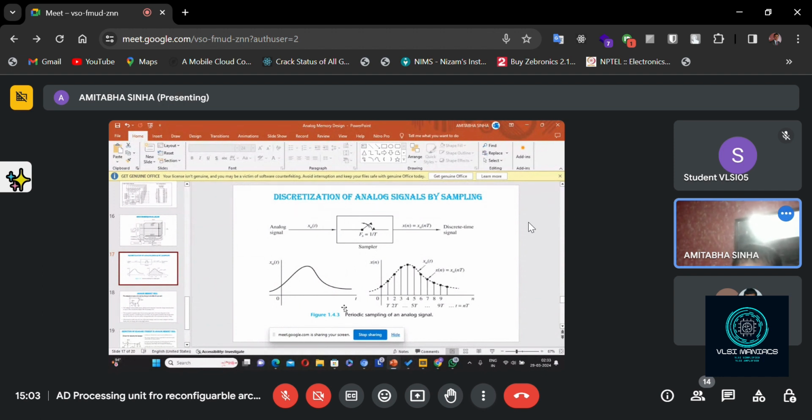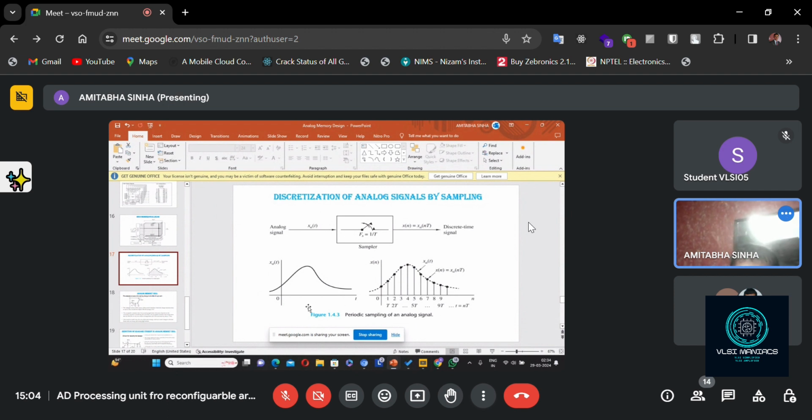We all know the Nyquist sampling theorem. Based on that, we sample the analog signal after a regular interval, capital T, where capital T is the sampling time or sampling period. So if we sample a finite number of points, those are still discrete analog signals.